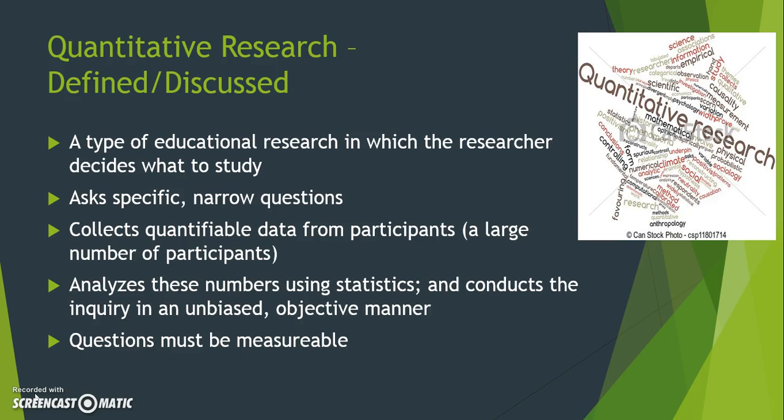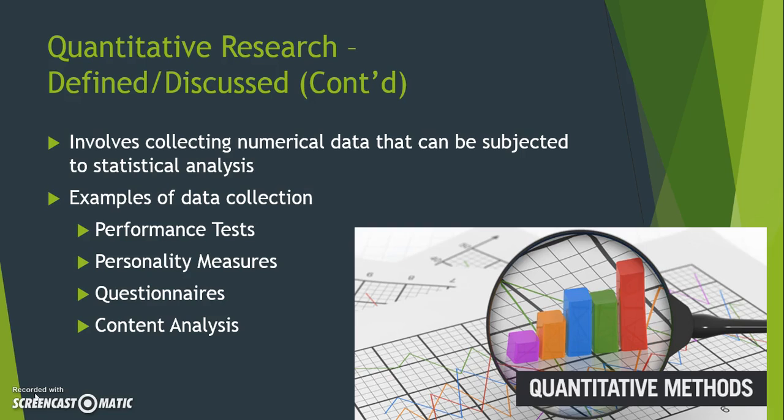And the questions have to be measurable because there's a number assigned to this. It involves collecting numerical data that can be subjected to statistical analysis. And if you'll notice, there are some examples of how the data is collected.